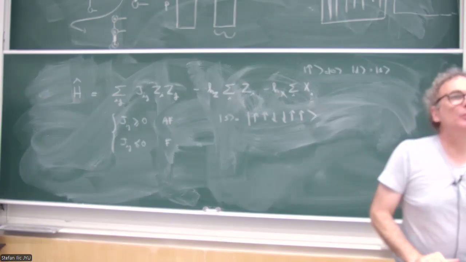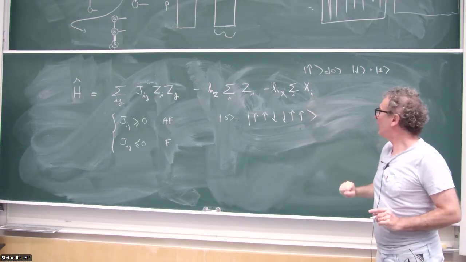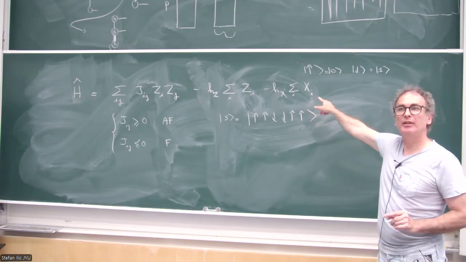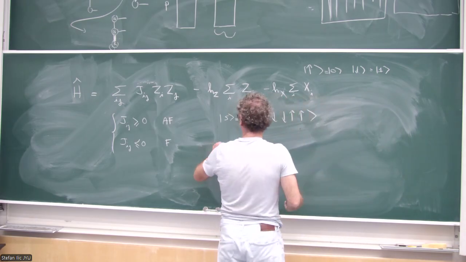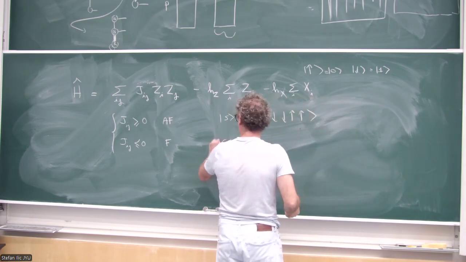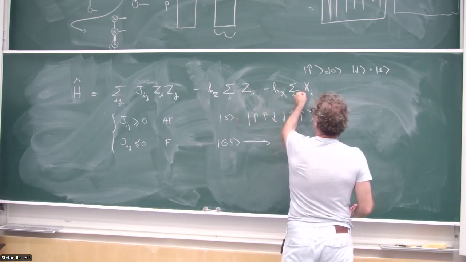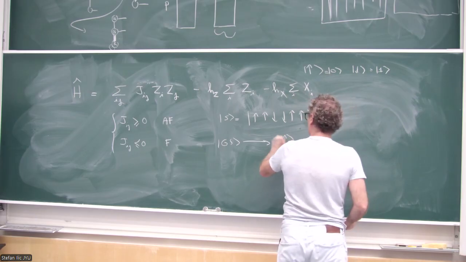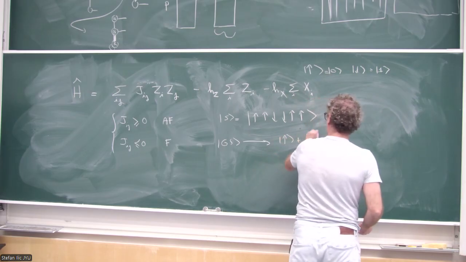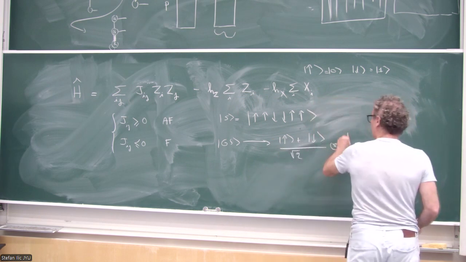So why is this related to quantum computing? Essentially, we know the ground state in the large Hx limit, right? When Hx is large, the ground state is going to be aligned with the transverse field. So essentially it goes to (up plus down) over square root of 2, times the same thing over and over.